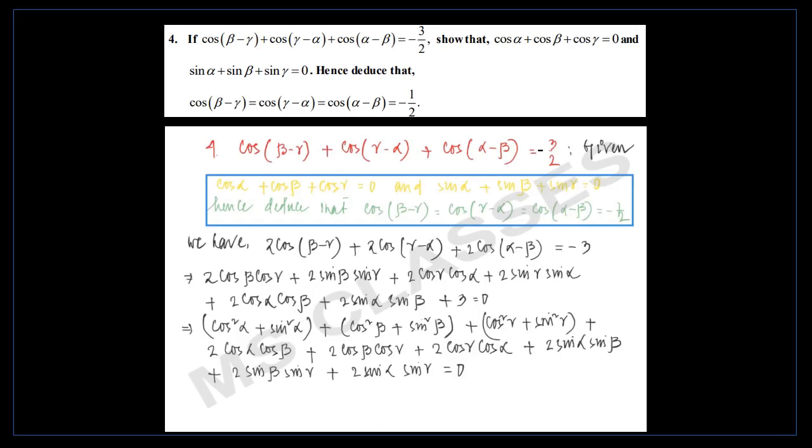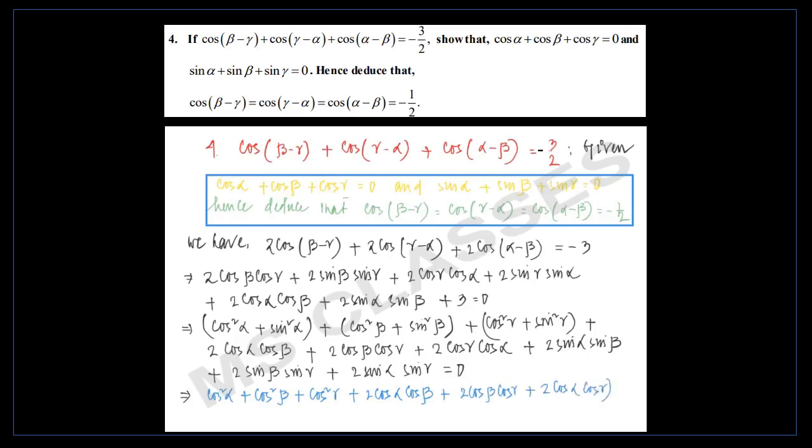Now, after that, we'll take all the cos together and all the sin together. So, cos square alpha plus cos square beta plus cos square gamma plus 2 cos alpha cos beta plus 2 cos beta cos gamma plus 2 cos alpha cos gamma.